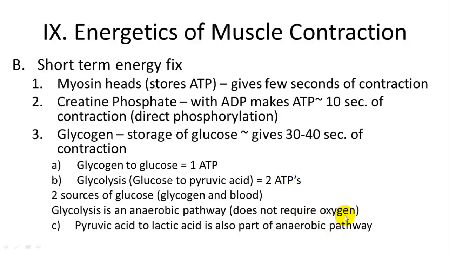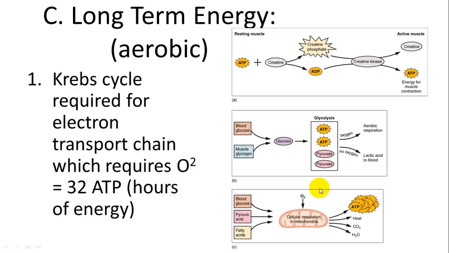But the long-term solution for getting more out of it: the initial steps give you 2 ATP, but the full steps using the Krebs cycle get you 32 ATP. So if you have a little bit of time to break that down, it gives you a lot more ATP.